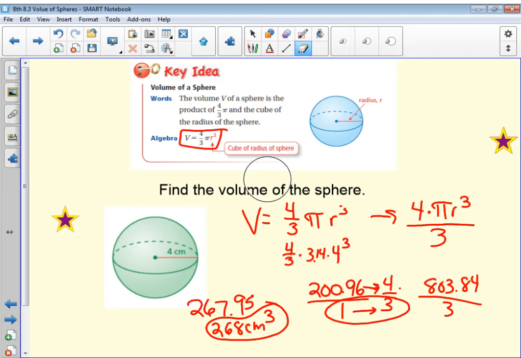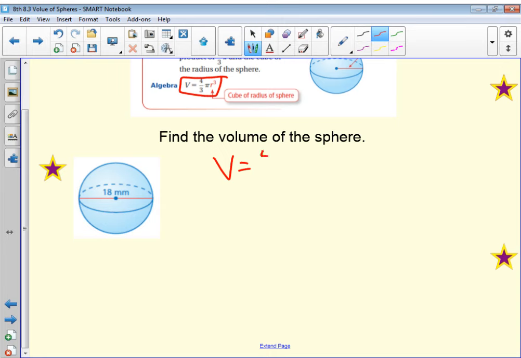All right, so let's go ahead and try another one. Once again, let's remember our formula for volume of the sphere is 4/3 times pi times radius cubed. Make sure you're remembering it's cubed and not squared. We're using the radius, which is 9.